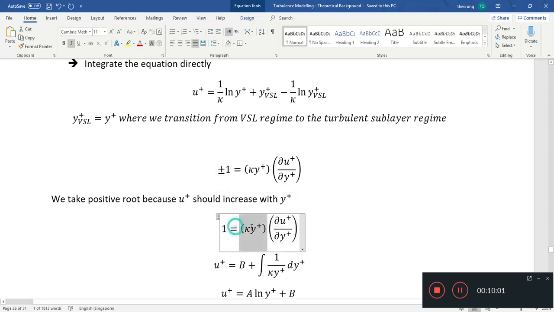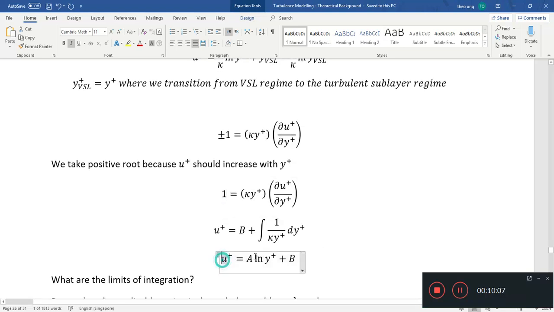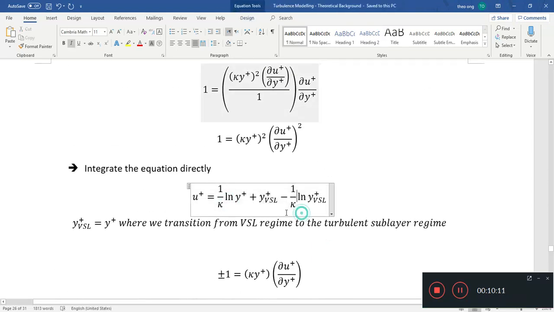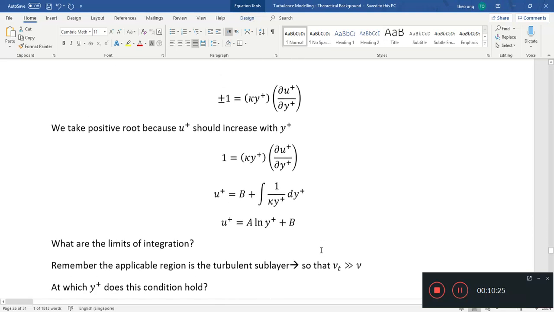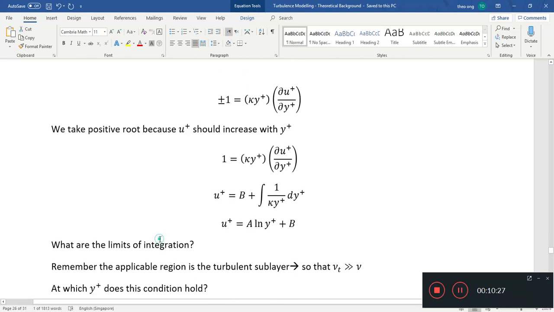So we will have positive values when we do this integration. And then again, we also get a logarithmic law, which is very similar to this. And we can see that over here, y plus VSL minus 1 over kappa ln y plus VSL, all of this is actually a constant, which we don't really have to worry about. So this is the proper limit of integration.